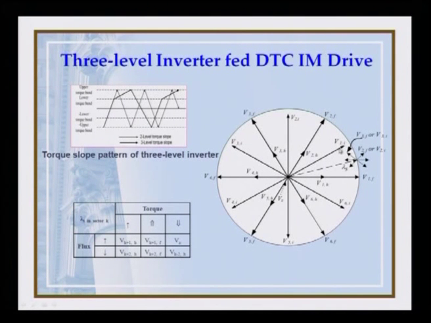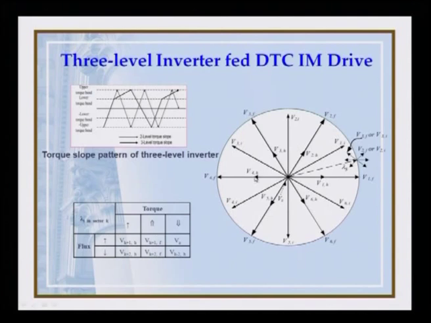And what are the various sectors that we have already discussed: this is the sector 1, then we have sector 2 here, sector 3 between 2i and 3i, and then sector 4 between 3i and 4i, sector 5 between 4i and 5i, and sector 6 between 5i and 6i.